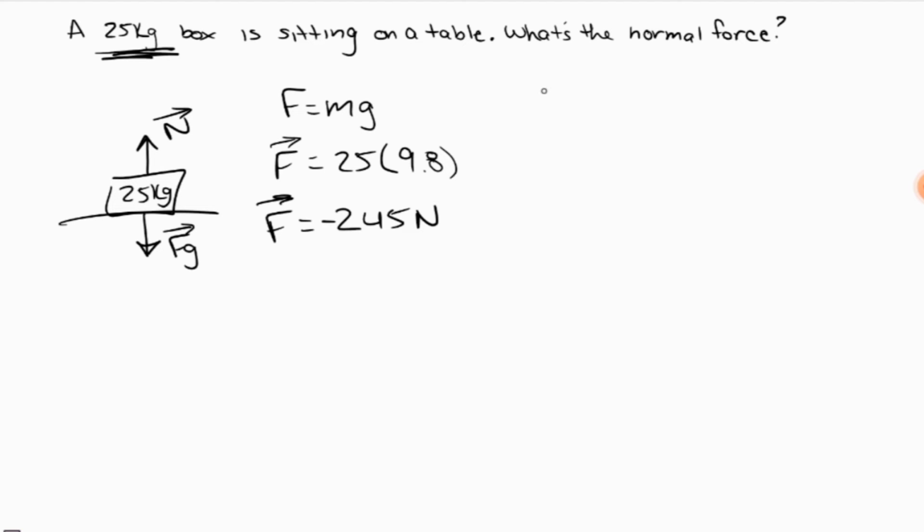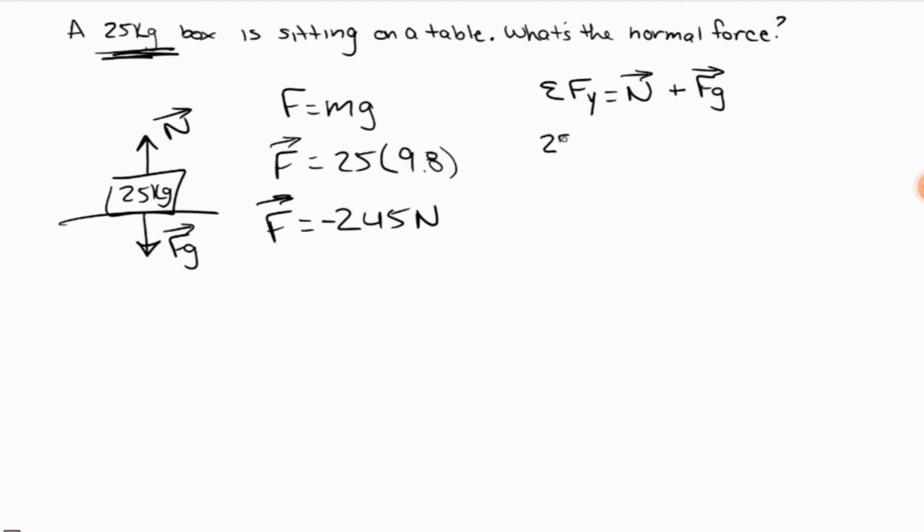This means that we need the magnitude and the direction. Now that we know that it's negative 245, we can then do our force summation. We do sigma F sub y equals normal force plus the force of gravity. Sigma F sub y is equal to mass times acceleration.